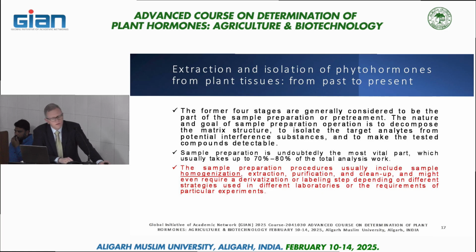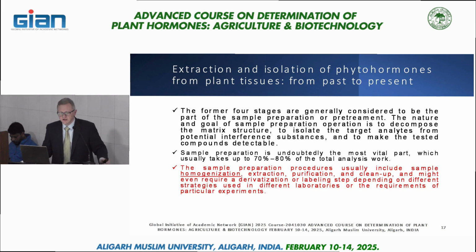The main goal of sample preparation is to decompose the plant matrix, making the phytohormones accessible while preventing degradation. Given the complexity of plant tissues, techniques like solid phase extraction or liquid extraction are commonly used to concentrate and purify the target hormones before final detection.